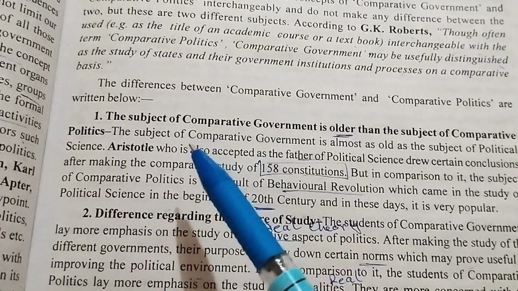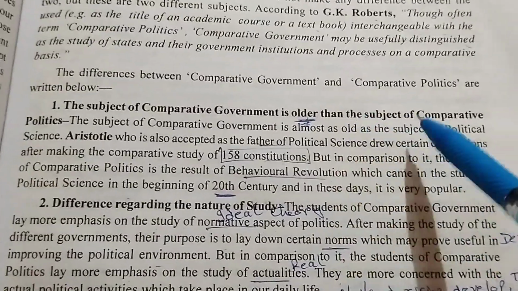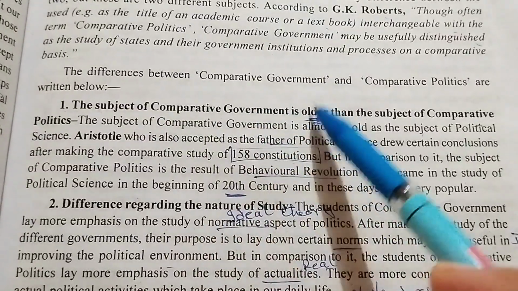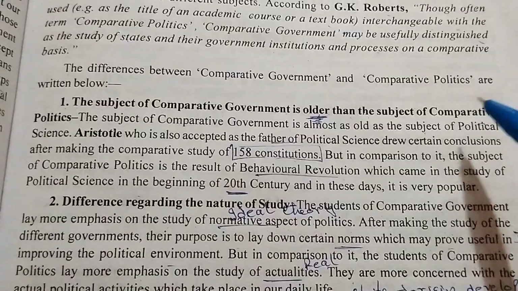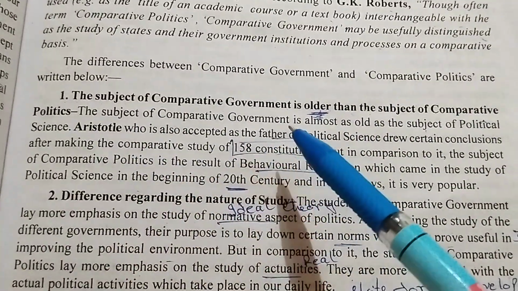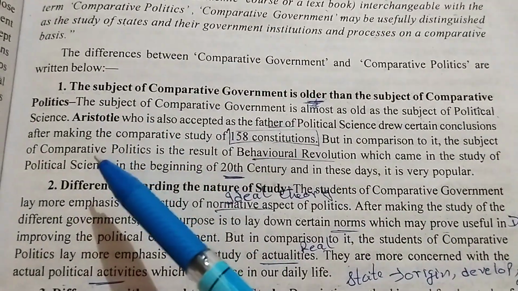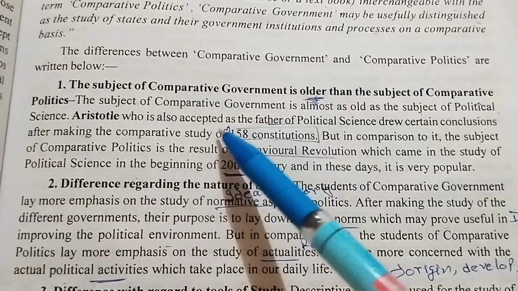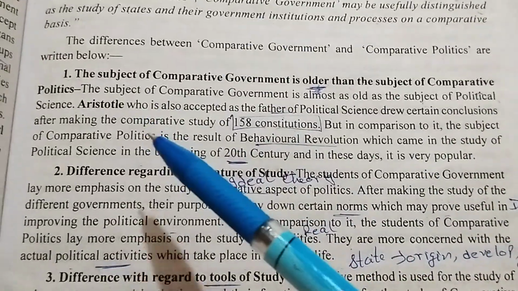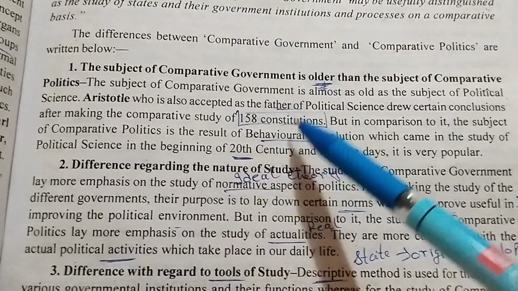First difference: the subject of comparative government is older, while the subject of comparative politics is new. The government concept is older, but the politics concept is new. Comparative government is almost as old as political science. Aristotle, who is also accepted as the father of political science, drew certain conclusions after making a comparative study of 158 constitutions.